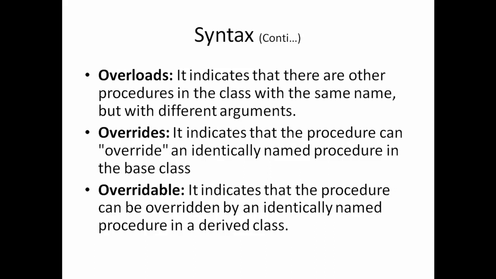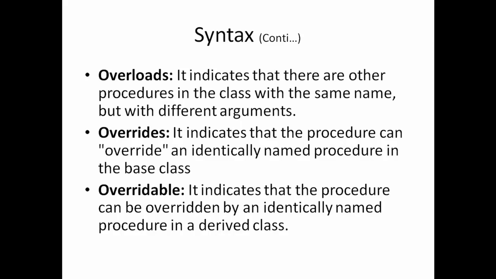That is, one procedure is present in the base class and another in the derived class. To implement method overriding in VB.NET, we need to use these keywords within the classes. Overrides indicates that the procedure can override an identically named procedure in the base class.